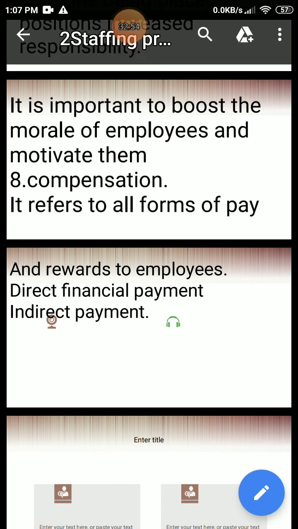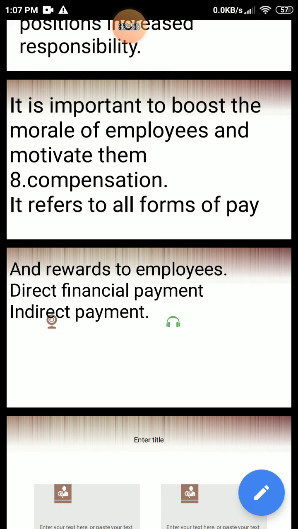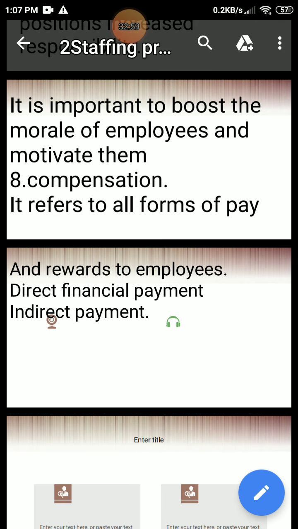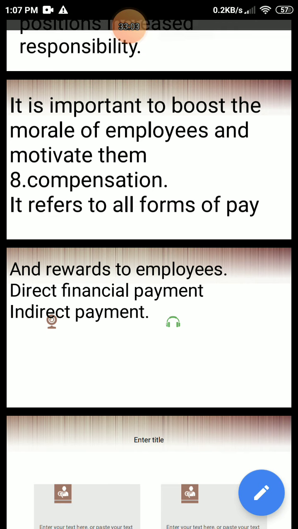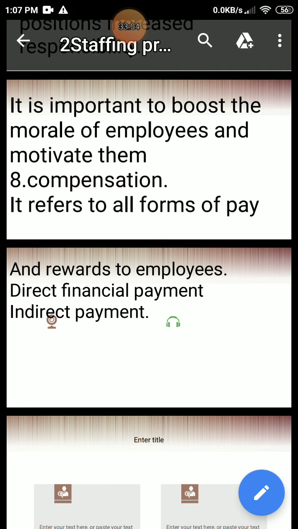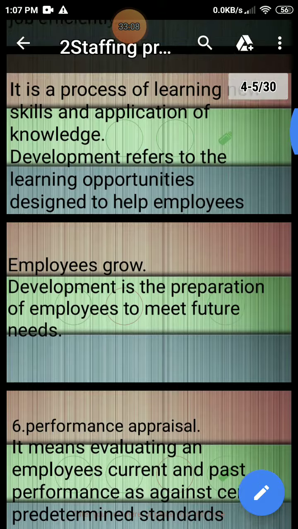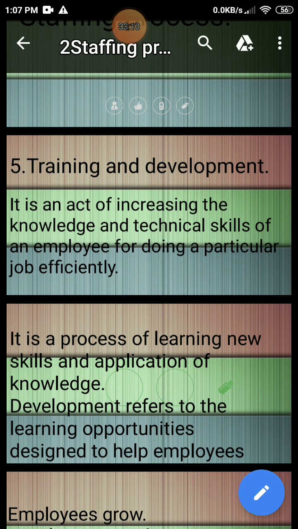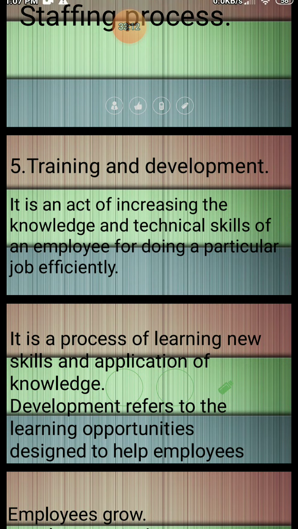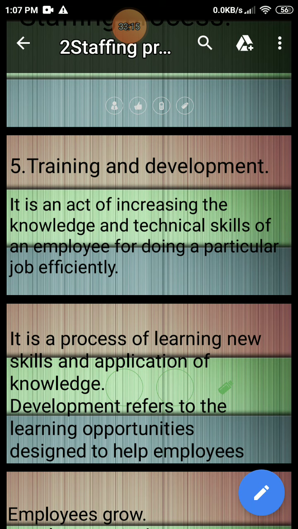You praise them and appreciate them in front of everyone. That is a very big motivation for each and every person working in the organization. So all these points come under the staffing process. We'll get connected with the next session.